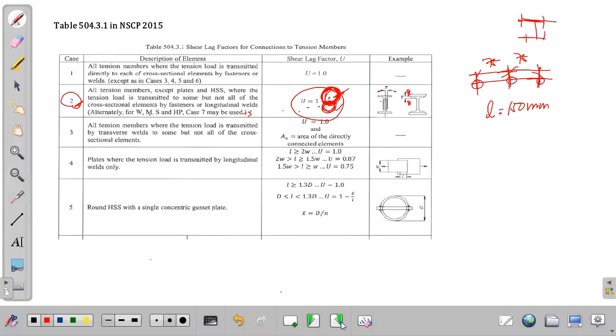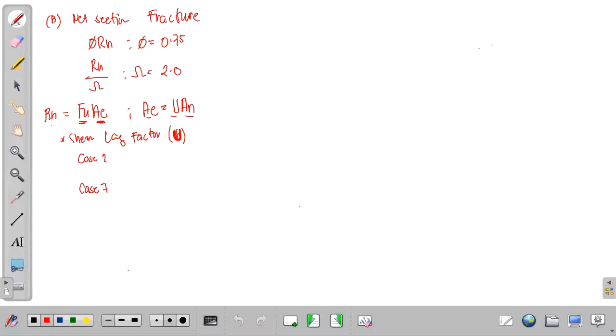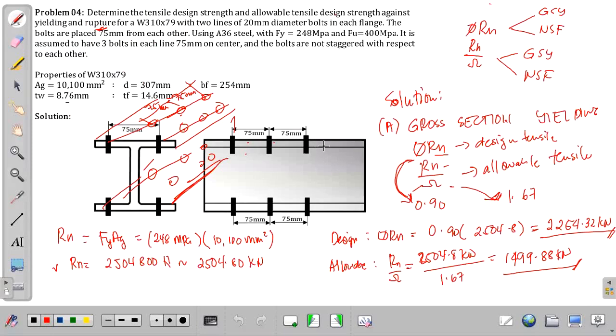So, balik tayo dito. We have, so for the case 2, shear lag factor is equal to 1 minus X bar over L. 1 minus X bar natin is 25.9 over yung L natin, that is 150 mm. Okay? So, ito yung L natin.